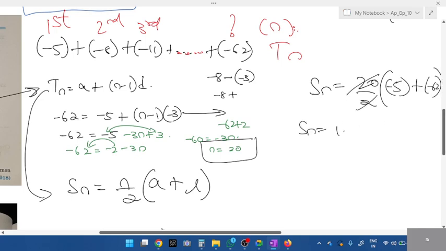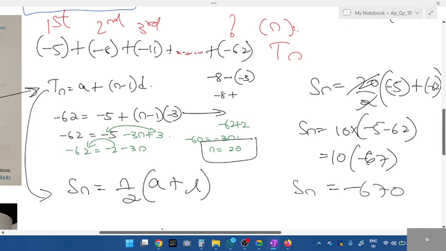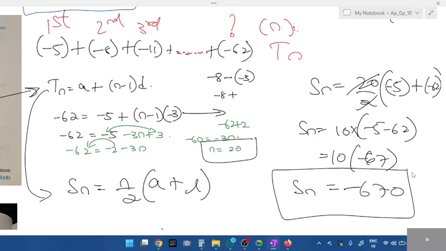How many times does it go? 10 into what is this? -5 plus -62. What is -5 minus 62? -67. If you open the bracket, -670. Is it clear? Understood? Okay, complete it, students. Completed.